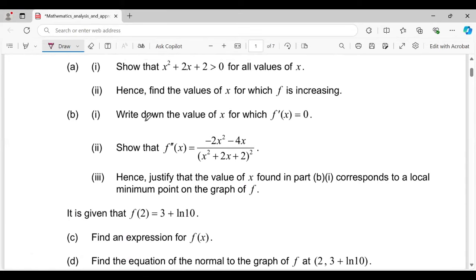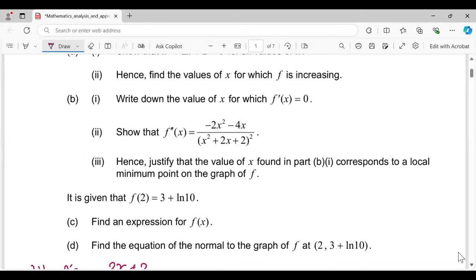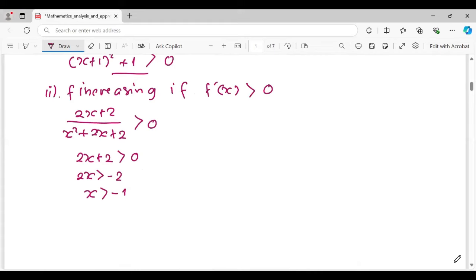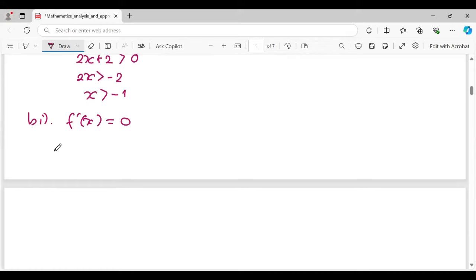B, part 1: write down the value of x for which the first derivative equals 0. Similar to part 2 of A. If the first derivative equals 0, it means (2x + 2) over (x squared + 2x + 2) equals 0.